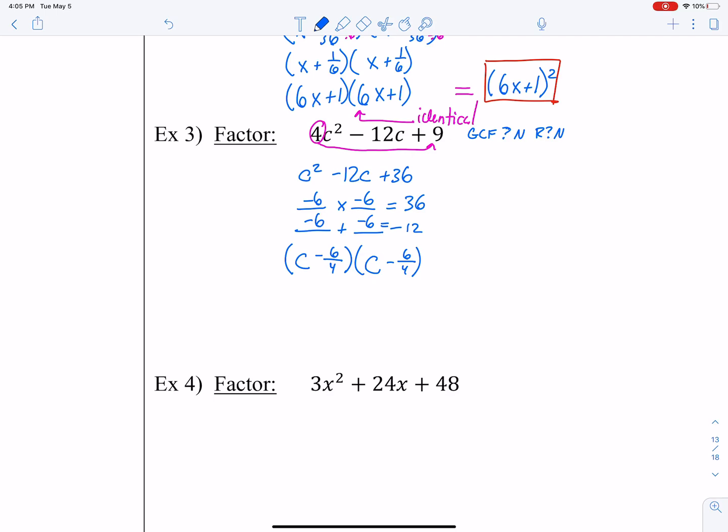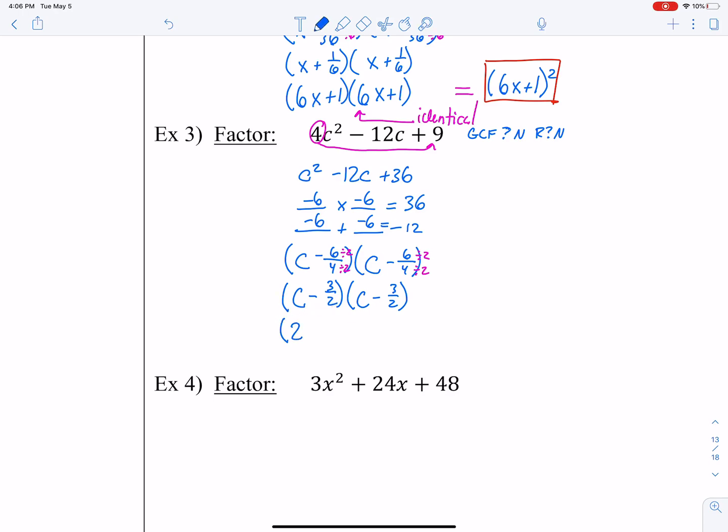So I'm going to divide this by 2, top and bottom. So I get c minus 3 over 2, c minus 3 over 2. Now I take my number on the bottom and move it in front of my c.